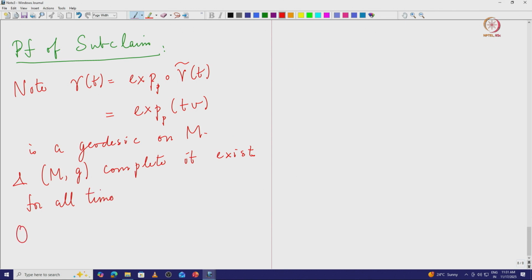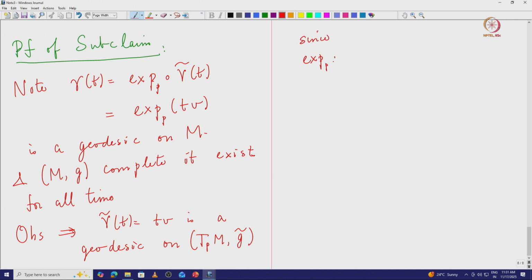But then by the observation, this must imply that the original gamma tilde of t is a geodesic with respect to G tilde on the tangent space, since the exponential map is a local isometry, again by definition of G tilde.